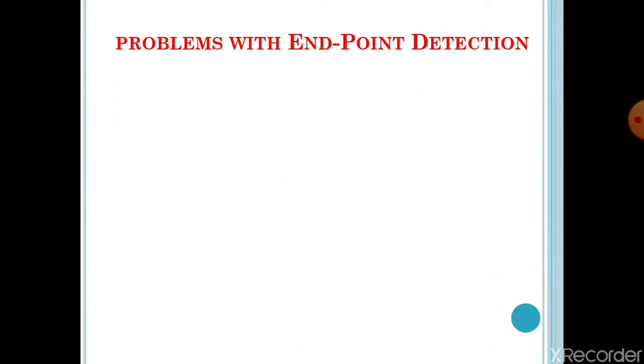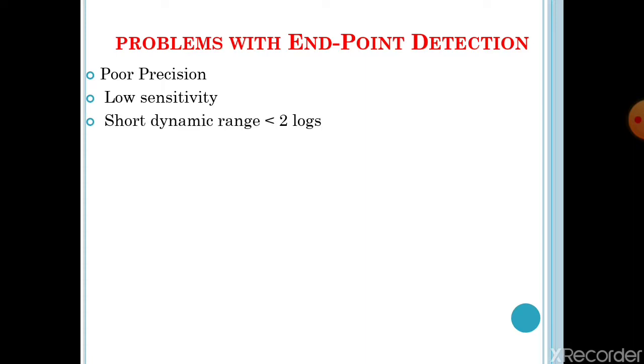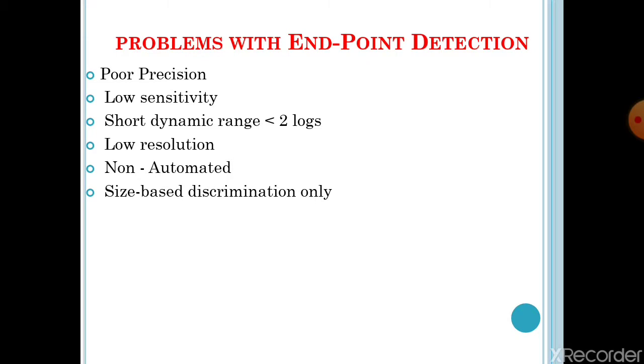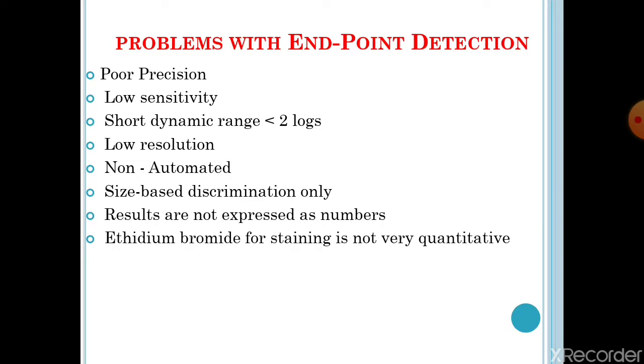So, we can summarize the problems with endpoint detection: poor precision, low sensitivity, short dynamic range, that is less than 2 logs, low resolution, non-automated, size-based discrimination only, results are not expressed as numbers, and ethidium bromide, which is used for staining, is not very quantitative.